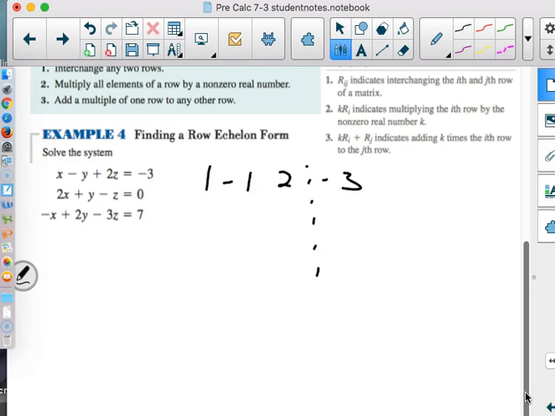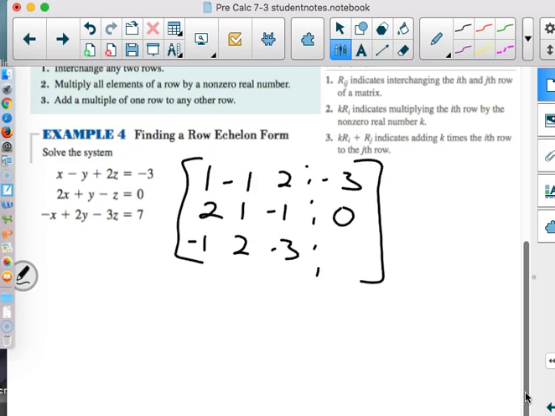And since this would include that -3, this would be called an augmented matrix, because we're going to have those solutions on there as well. So 1, -1, 2, -3 for the first row. 2, 1, -1, and 0 for the second row. -1, 2, -3, and 7 on here.